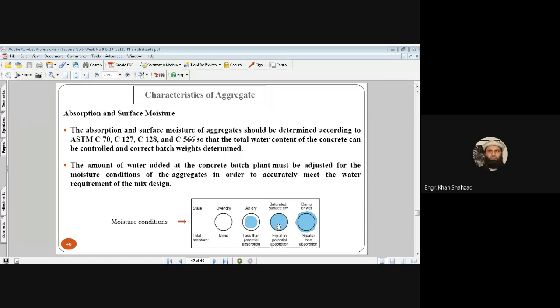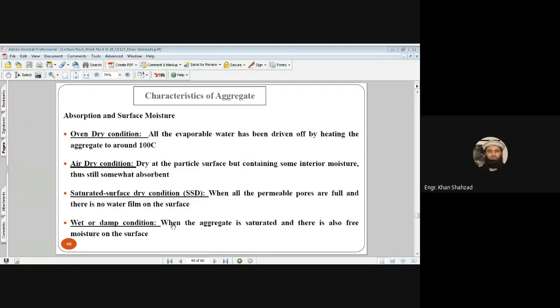This much potential it has to absorb the water. The next one is the damp or the wet material. It is greater than the absorption. This was the absorption capacity inside the line, but on the top of the line, this is the extra. This is the damp or the wet on the top of the aggregate particles.